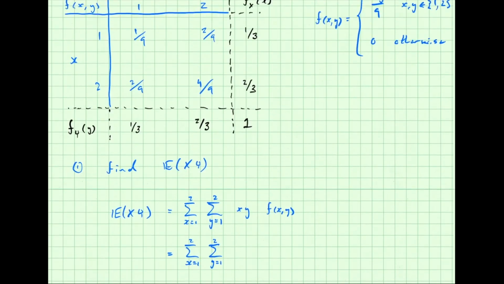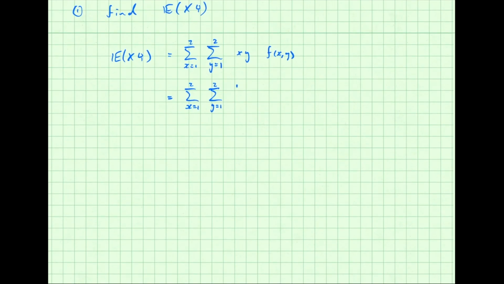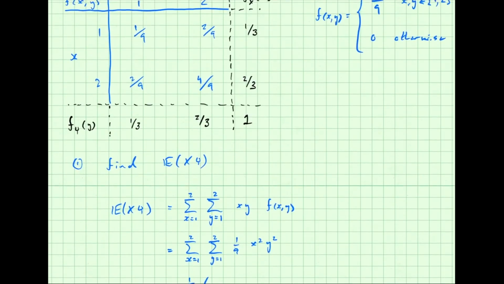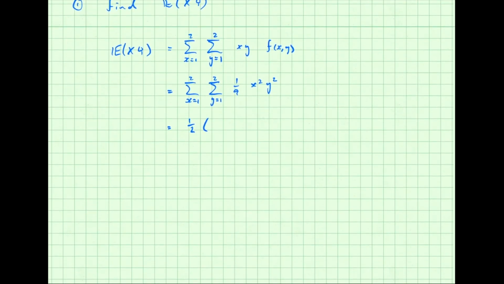F in that range of x and y is x times y over 9. And so what we have is just 1/9 times x squared y squared. And then we just write this out. So we've got 1/9. And I think for me it's easiest to look at this as a matrix. So you've got row 1, column 1, row 1, column 2, and so on, and just keep all the terms.